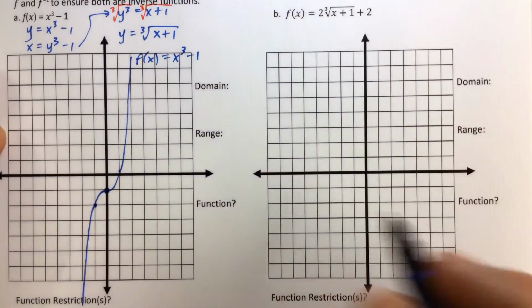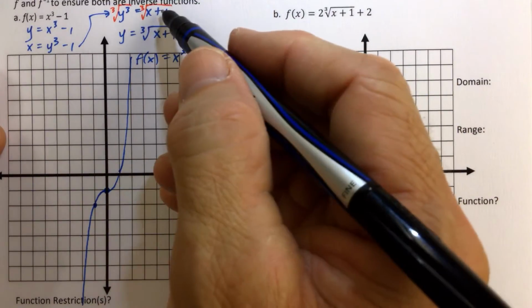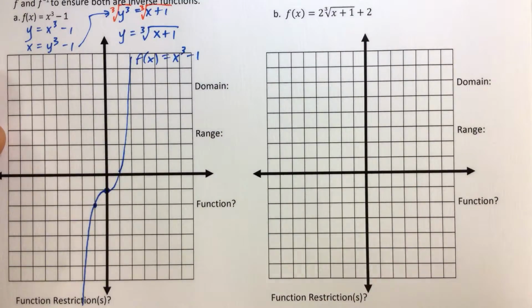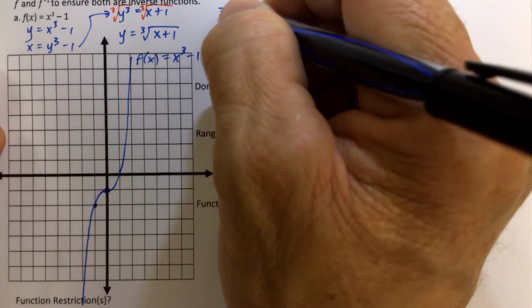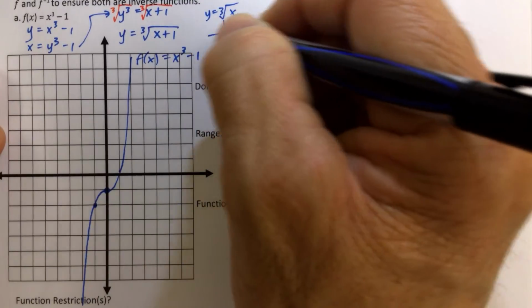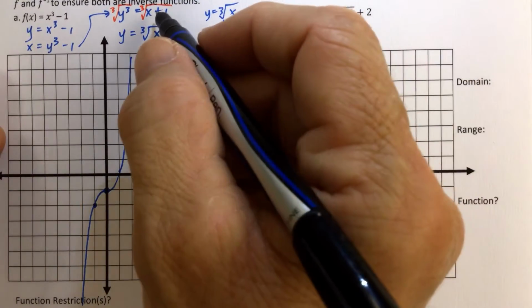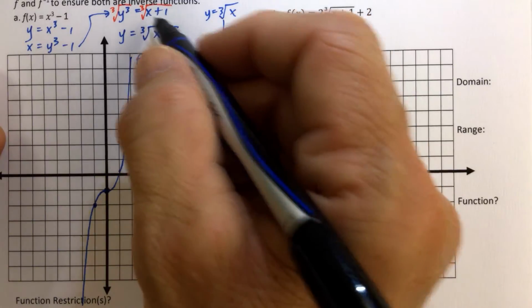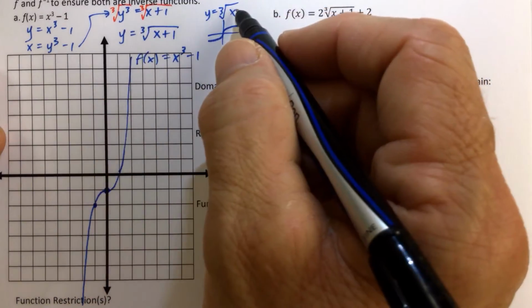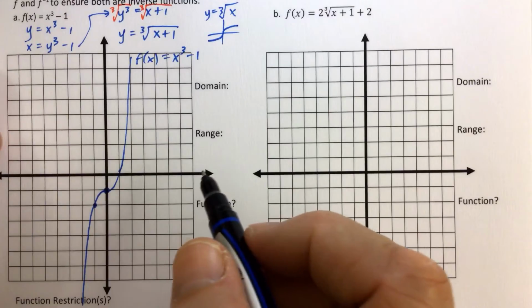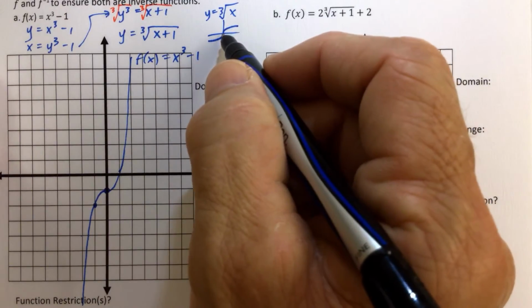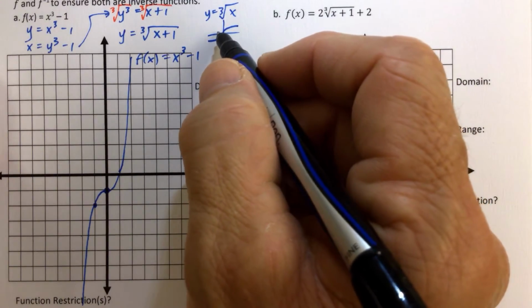So there's f of x equals x cubed minus 1. And then the cube root of x plus 1, we know that y equals cube root of x, if you remember, looks like that. And if we add 1 to the x, then basically we are replacing x with x plus 1. What does that mean? It means we move this parent function 1 to the left.